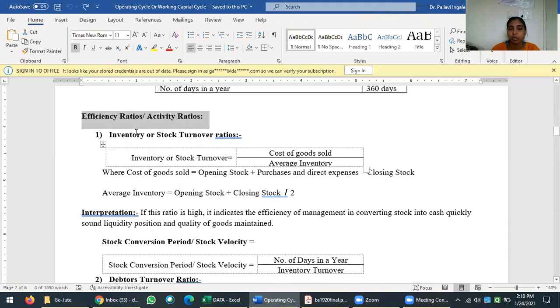First, we are going to focus on the inventory or stock turnover ratio. This ratio we are going to use for calculating the raw material holding period. If you go through the financials, some companies give all three bifurcations: raw materials, WIP, and finished goods. But some companies just give inventory, so we'll go with the inventory and not go into detail.